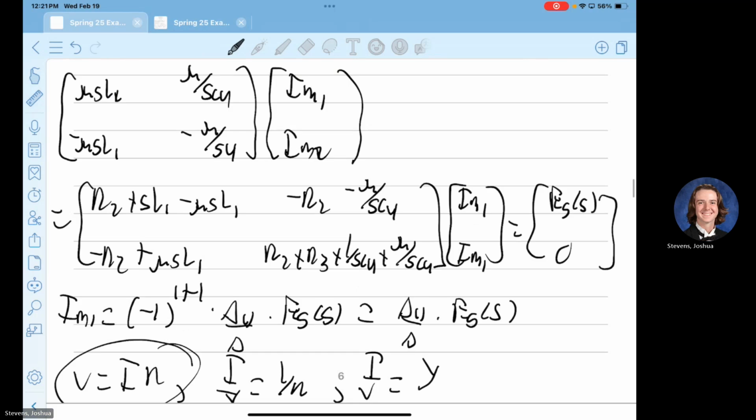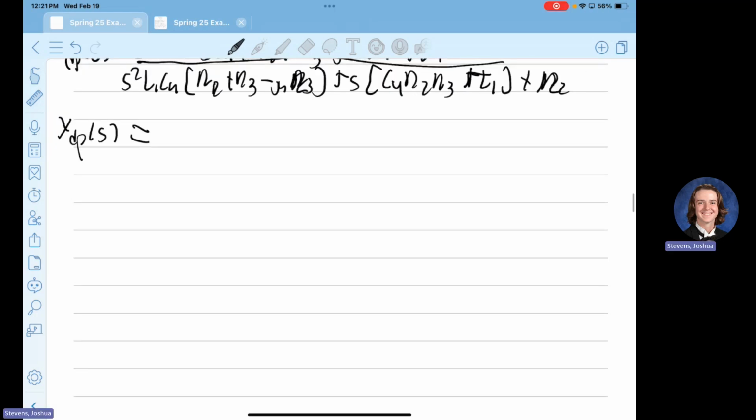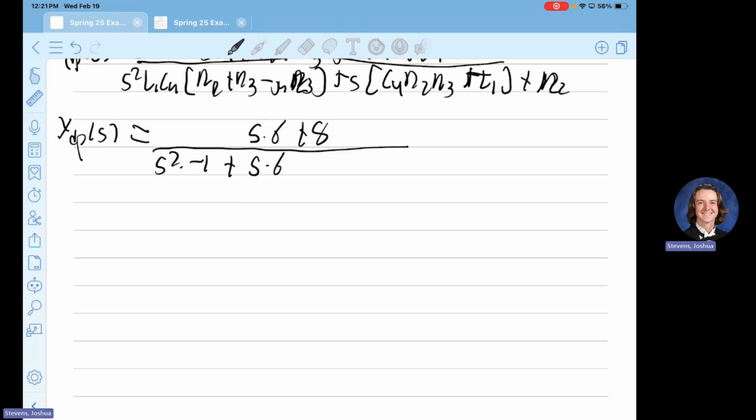That's important. When I do that, it then becomes S times 6 plus 8 over S squared times a negative 1 plus S times the 6 plus 5. All right, what do we do now?